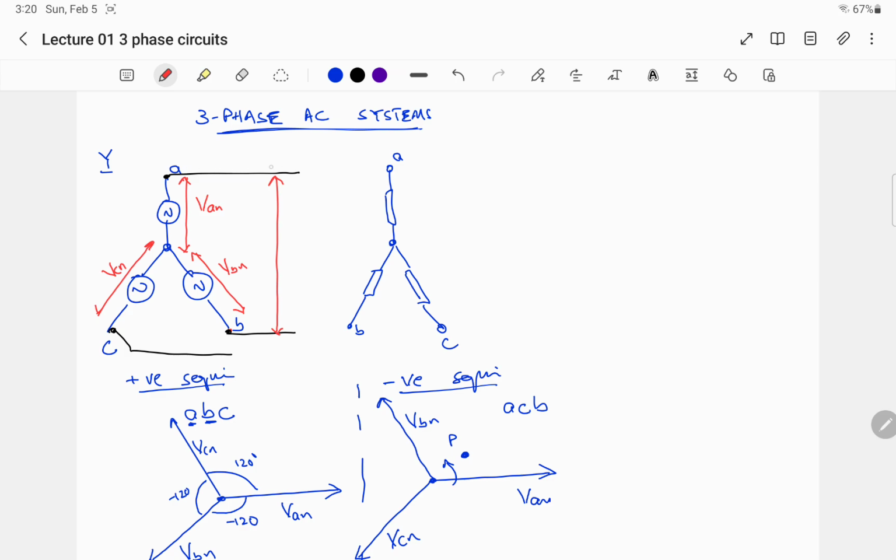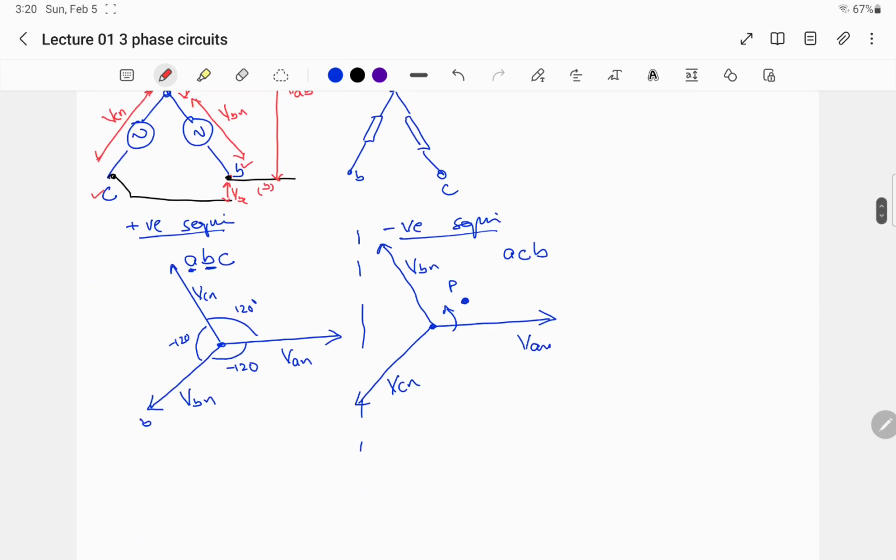Here, this line is line A, this is line B. The voltage between these two lines is VAB, and this is called line voltage. Similarly, there will be a voltage between line B and line C. It is called VBC. And there will be a voltage between line C and A.